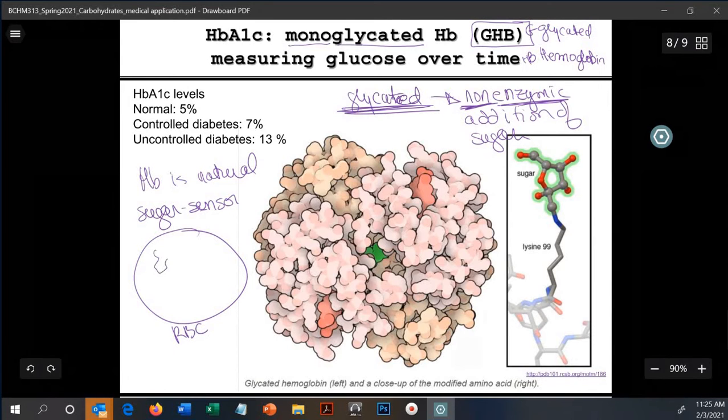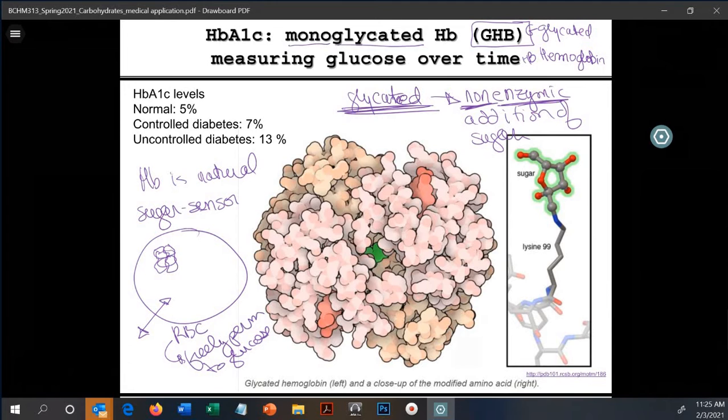We have hemoglobin proteins, alpha-beta hemoglobin, and red blood cells are freely permeable to glucose.